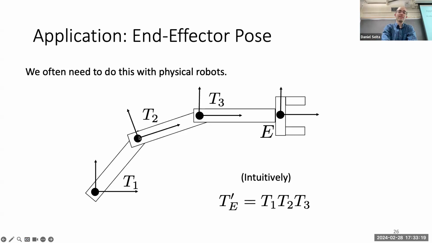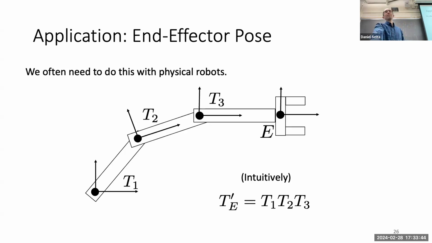And then you might have different frames for different joints in the robot. Remember from last week that a joint connects two links together. For a revolute joint, you would have a change in the rotation. For a prismatic joint, you would have just a translation vector. But either way, you're going to have some T for every joint.